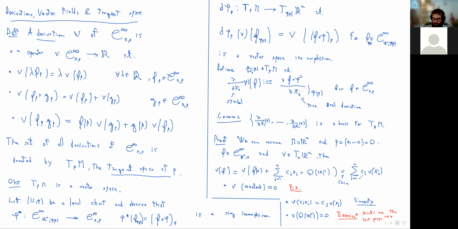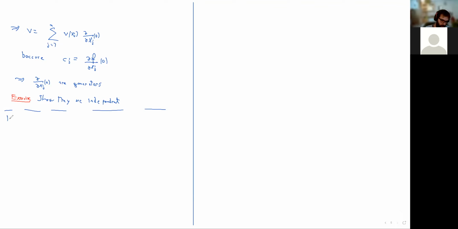So let's try to be a bit more general, and we take M and N to be manifolds. Here it really doesn't matter if they're smooth or complex. So f from M to N a smooth map. Of course, now I'm doing everything for smooth, but again, this also works for complex.